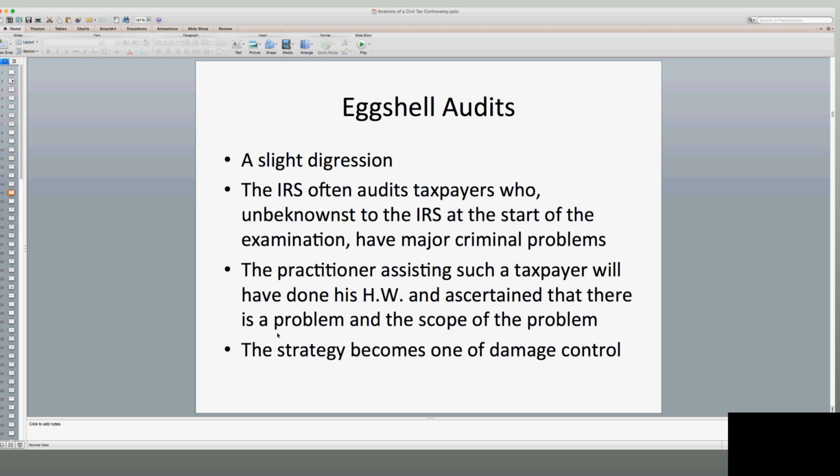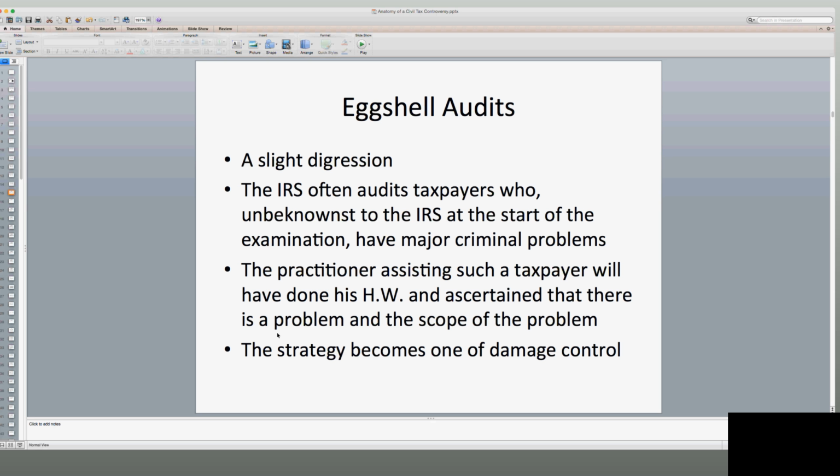This is usually how these things come to light, and the CPA is kind of in a situation where they are now stuck and they're trying to do damage control. The practitioner assisting such a taxpayer usually will have done his homework and ascertained that there is a problem and what the scope of the problem is. As I said before, though, it usually gets dumped on them by the taxpayer as soon as the notification of the examination comes up.